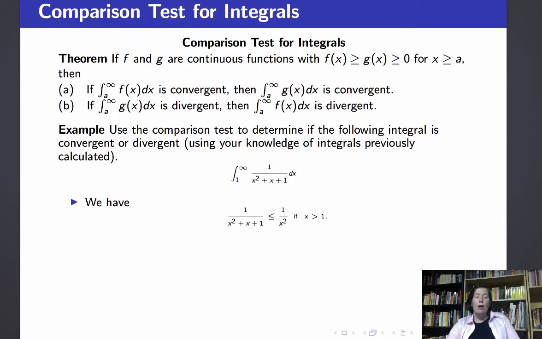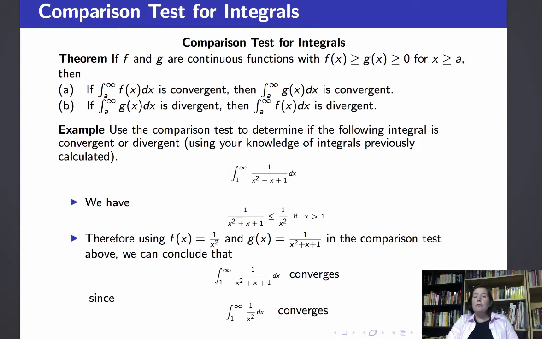Now, I know that the integral from 1 to infinity of 1 over x squared converges. It's a p series, which we looked at in previous videos with p bigger than 1.